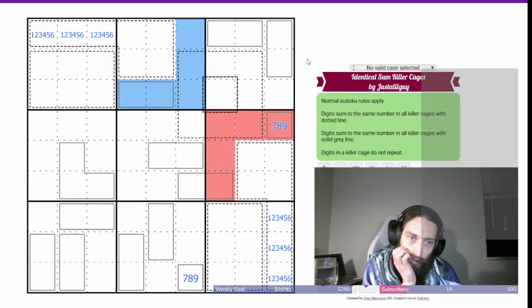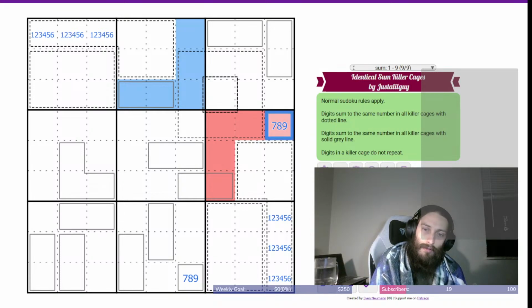Now red and blue still have the same set. Well, this one matches with that one.